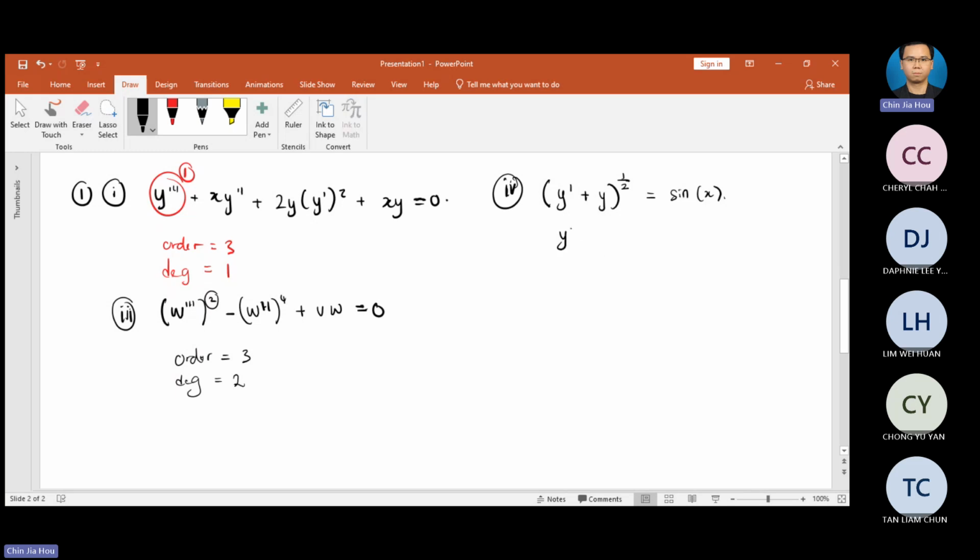If we square it, we get y prime plus y on the left hand side, and on the right hand side, we have sine squared. Then only after that, you can decide the order, which is clearly 1, and the power of the highest order, which is degree equals 1 as well. Take note that this is just for your knowledge so that you don't get confused in the future.